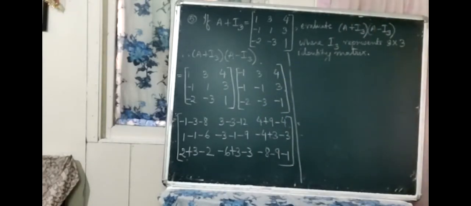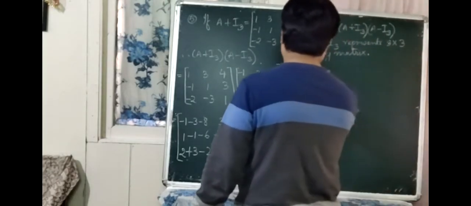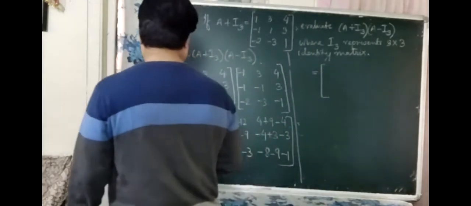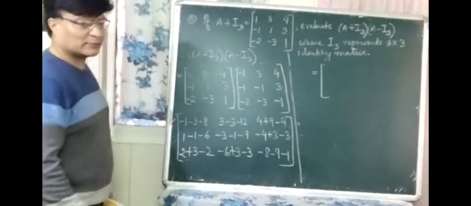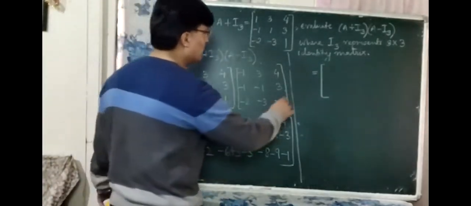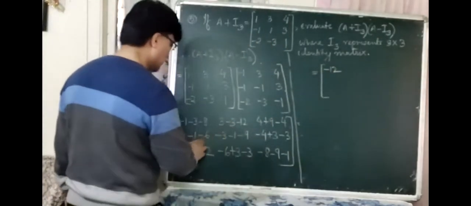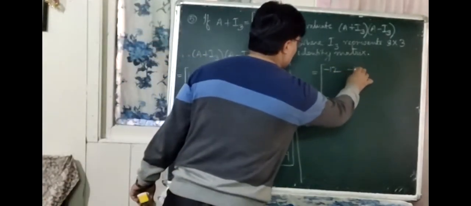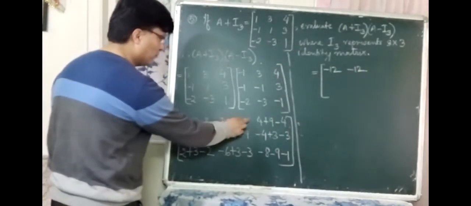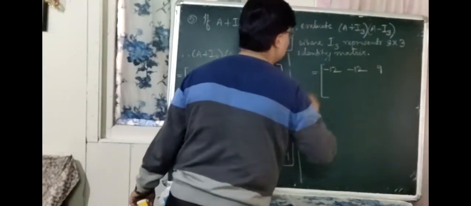So now we have to simplify minus 1, minus 3, minus 8, right? What is minus 1, minus 3, minus 8? All are same sign, add them. Minus 12, this is minus 12, 3 gets cancelled, minus 12, 4 cancels, 9, okay?